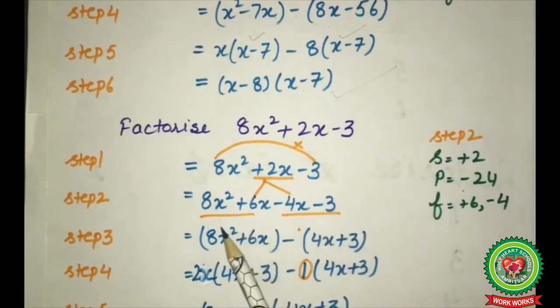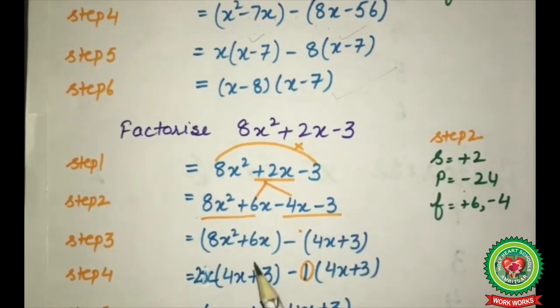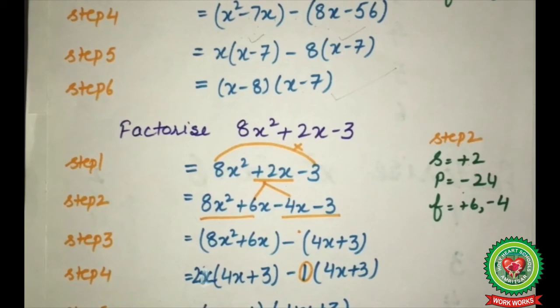Now we are going to do the grouping of first and second term and third and fourth term. On grouping, we get (8x square plus 6x) minus (4x plus 3). The sign inside the bracket will get changed as the sign outside the bracket is minus. Now we need to take out common from both the groupings.